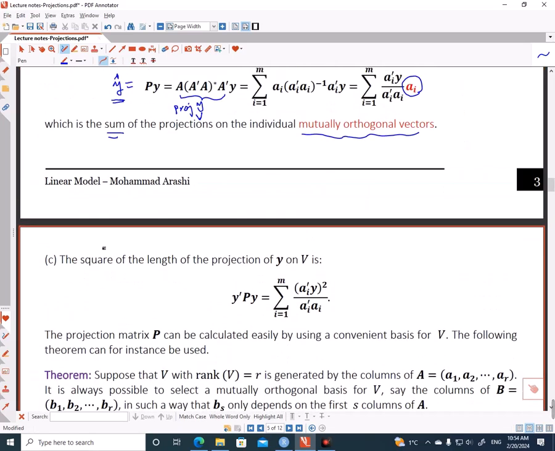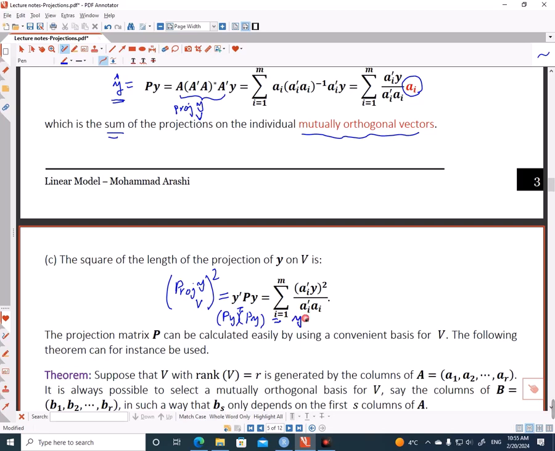And therefore the square length of the projection of y on V, for which I can also use this notation, is given by (Py) prime Py.